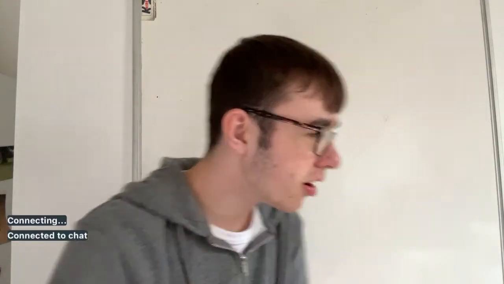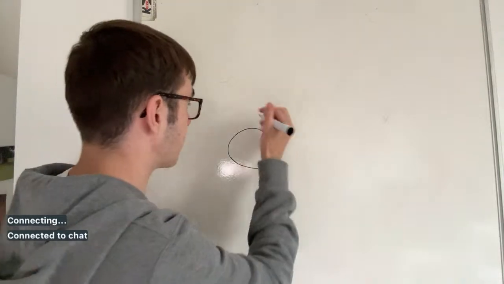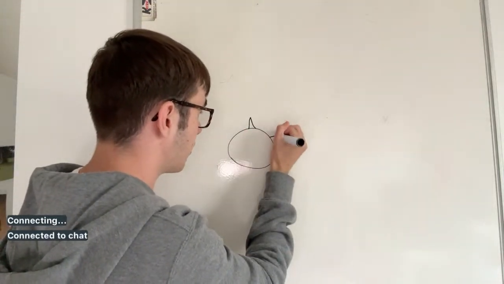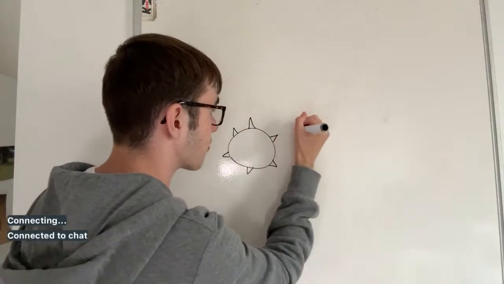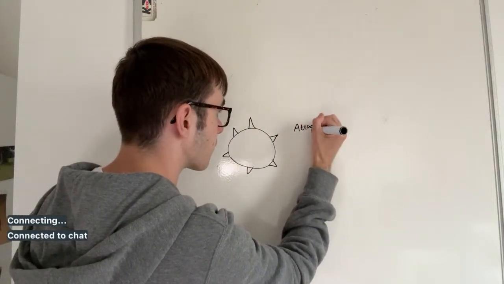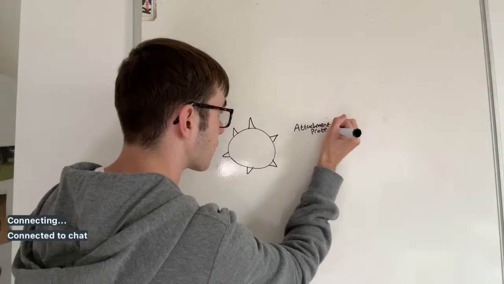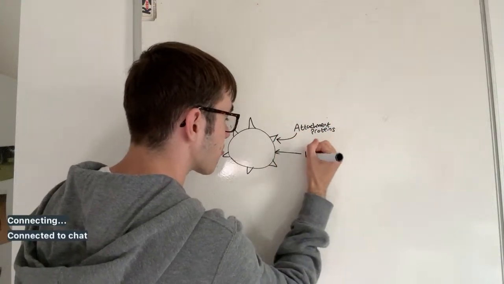Give 3 structural features found in all virus particles and describe the function of one of these. Oh shit. Okay. Hold on a minute. These are new pens, so they might be a little bit rusty to begin. Virus has attachment proteins. The protein coat.